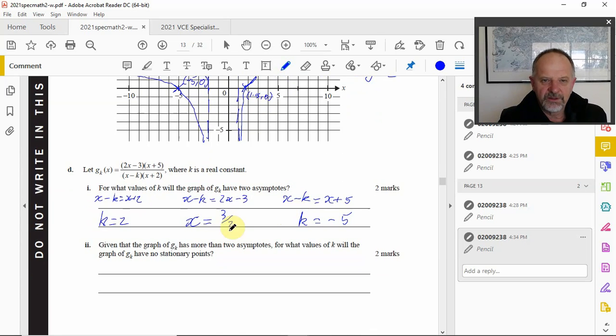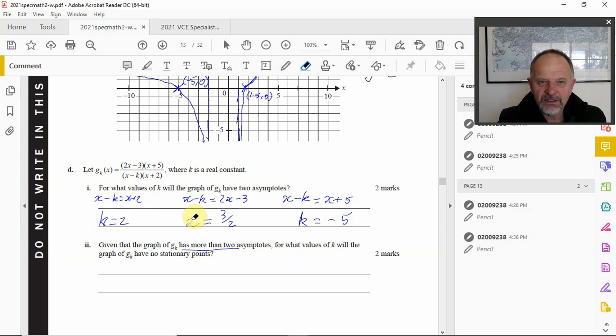All right, so given the graph of g_k has more than two asymptotes, for what values of k will the graph have no stationary points? All right, so first of all, it has more than two. So first of all, we know that k, and I've made a little bit of a blunder up here.